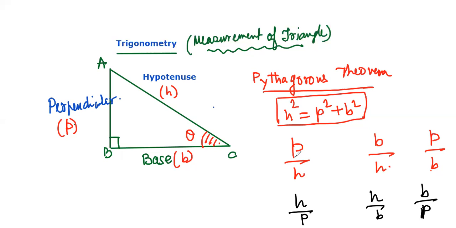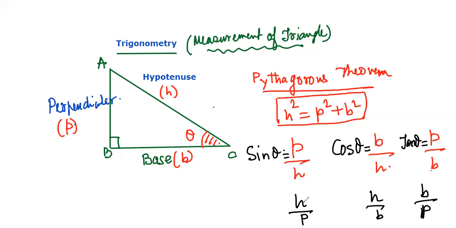Now this perpendicular by hypotenuse is called sine theta. This is called sine theta. Base upon hypotenuse is called cosine theta or cos theta. And perpendicular by base is called tan theta or tangent theta.